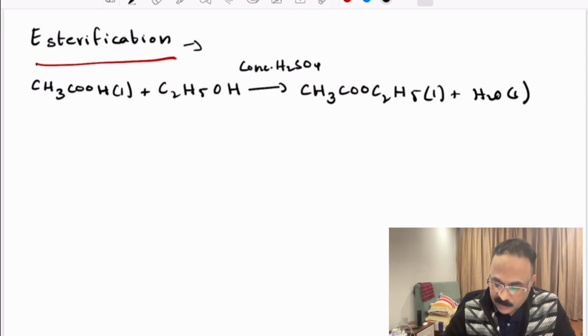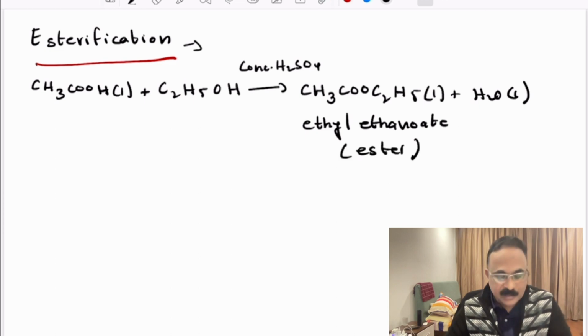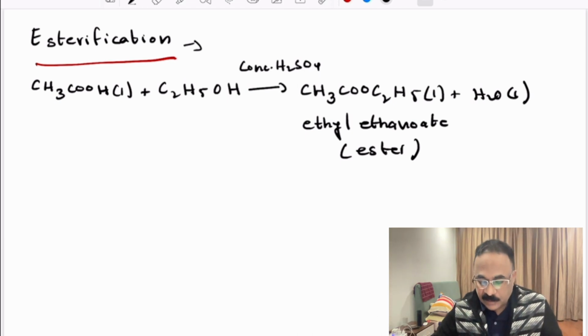So this is known as ethyl ethanoate, which is an ester. So remember, very important is we should always use concentrated sulfuric acid as a catalyst over there. So this process is known as esterification. Why?